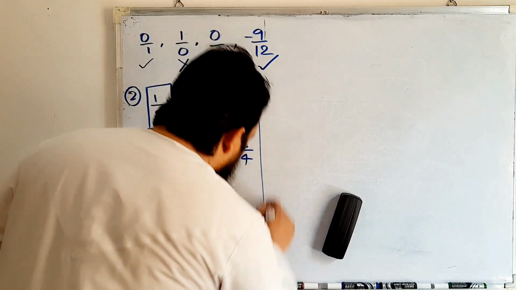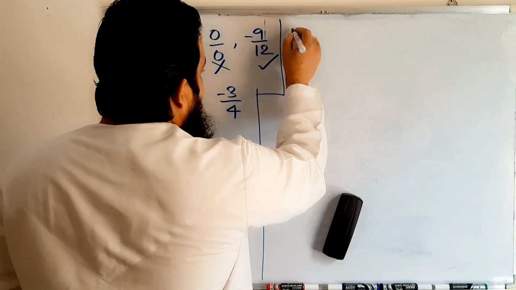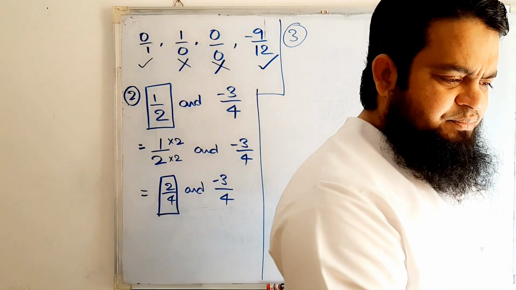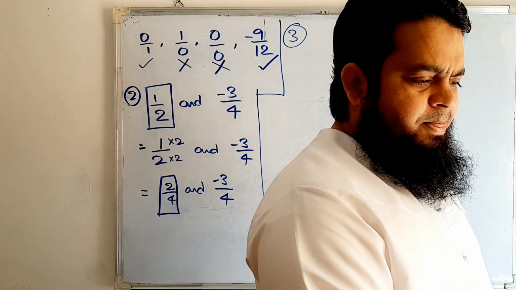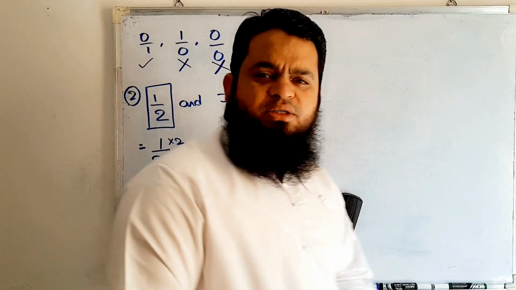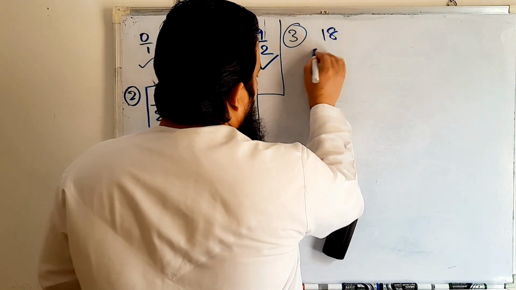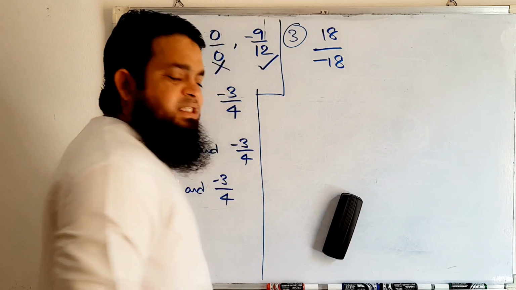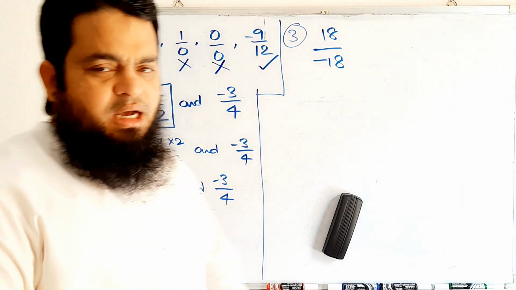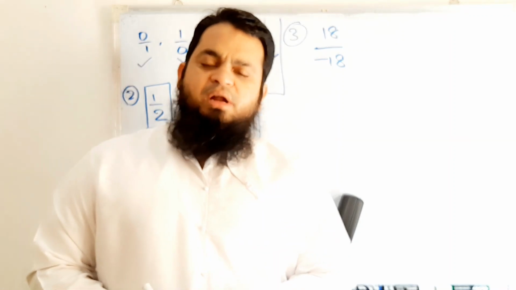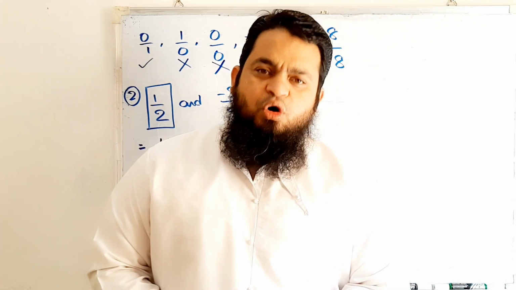Okay. Let's go for the third question. So what is the third question? Express 18 by minus 81 in its simplest form. See, we have studied in rational numbers that we can write any number in simplest form.